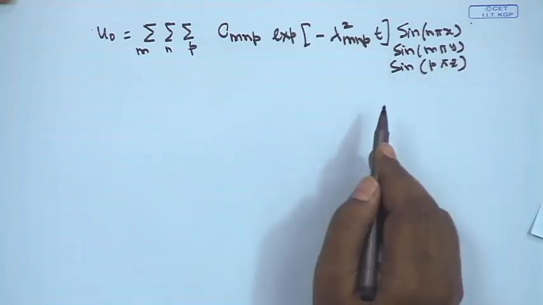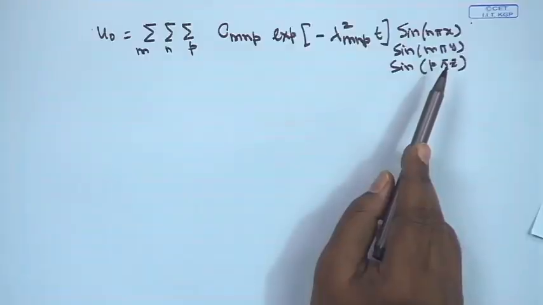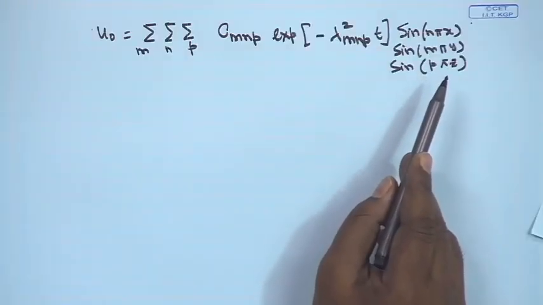Now, since we have three standard eigenvalue problems in this partial differential equation, we will utilize the orthogonal property of the eigenfunctions. That means we will multiply both sides by sin m pi x sin n pi y sin q pi z, and integrate over the domain of x, y, z.